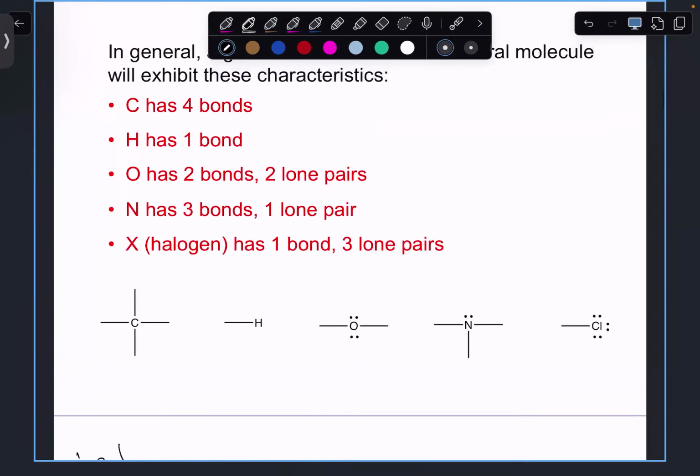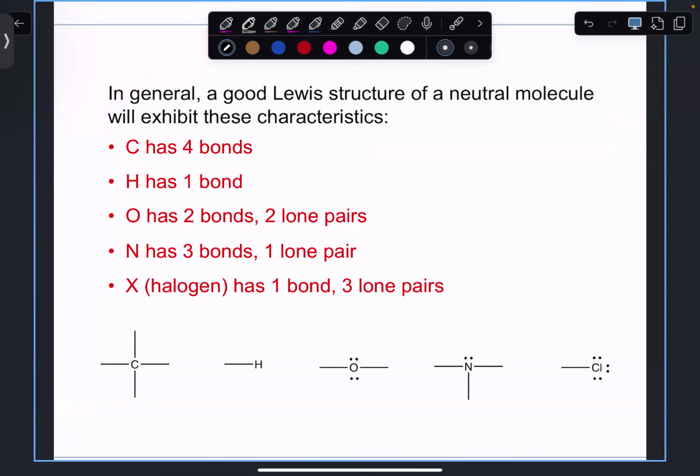So you could have something like that, 2 singles and a double. I could have 2 doubles. I could have a triple and a single. Right? Any permutation will work. You just need your carbons to always have 4 bonds.